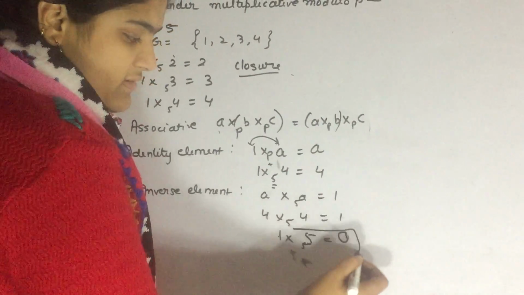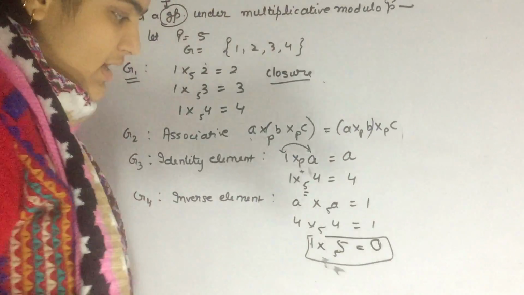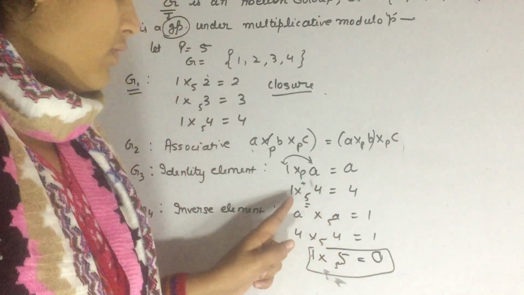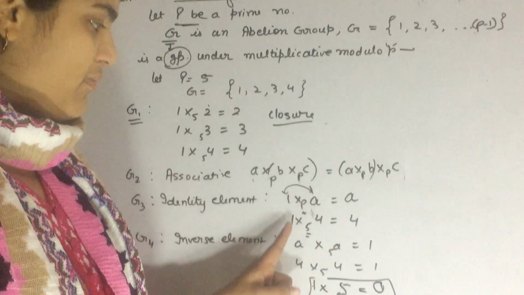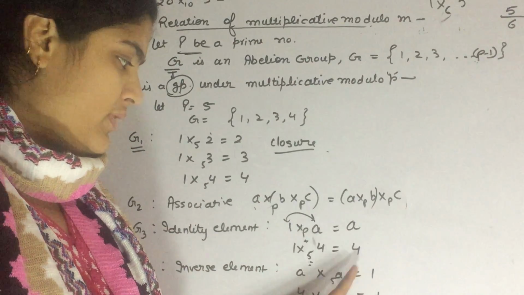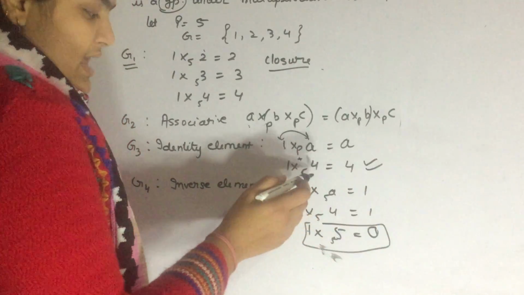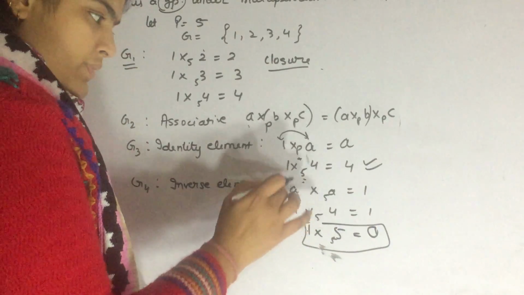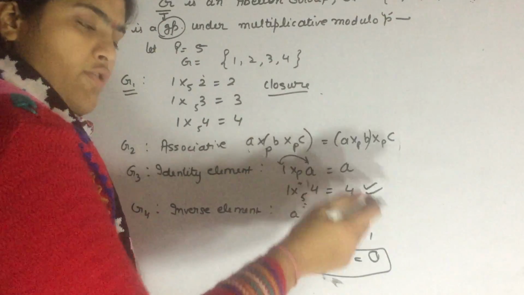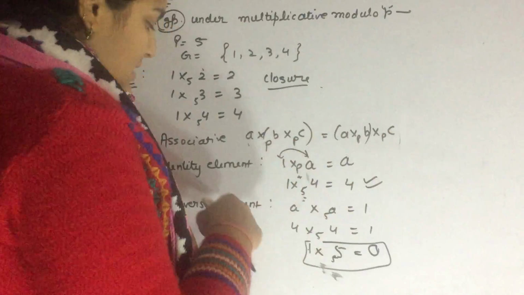You can't take 5 as well because 5 doesn't belong to G. But if any other cases are there, then you have to bring out the same number which you have taken. So for 4 or any other number, 1 by 4 with respect to 5, 4 ones are 4, 4 by 5, 4. So for any number, the identity element is 1. Because on having the multiplicative modulo operation between 1 and 4, you get 4. So that's why 1 is the identity element.